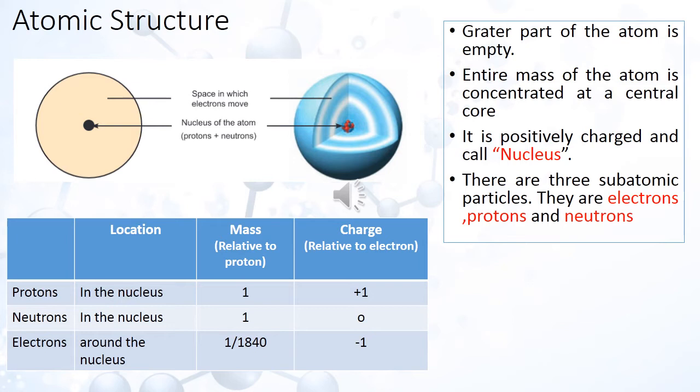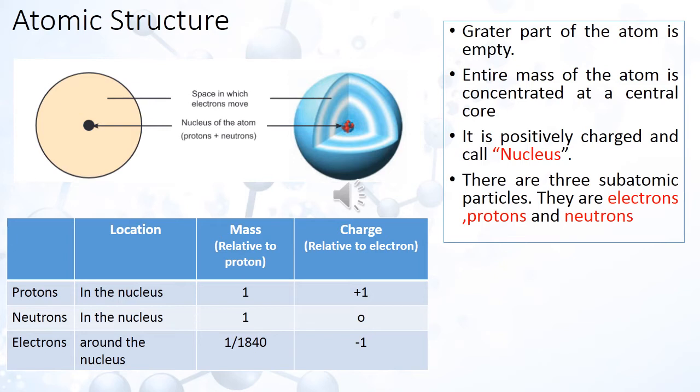There are three subatomic particles in an atom. They are electrons, protons, and neutrons. I told you the mass of this atom is concentrated on the core. So the protons and neutrons you can find inside this nucleus. And electrons, we can see around this nucleus.